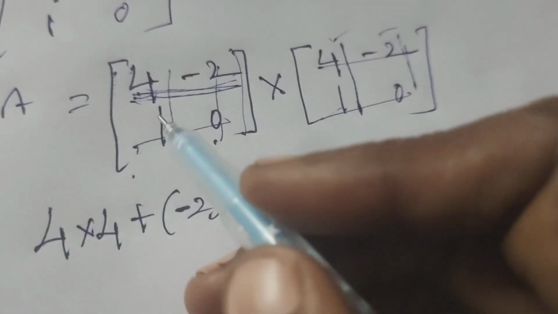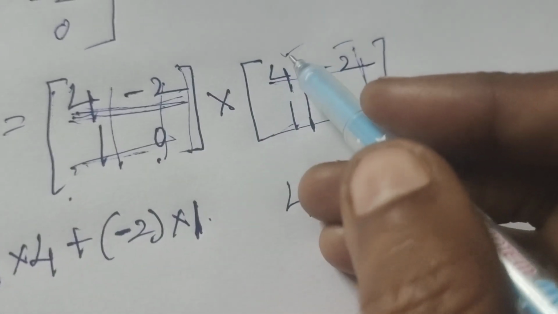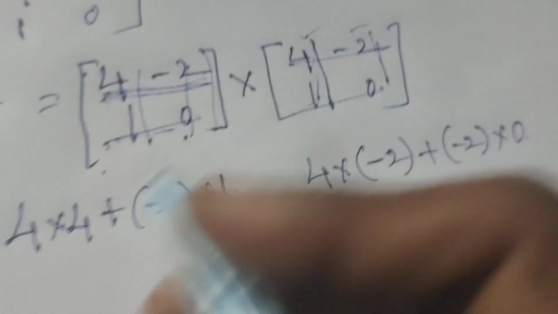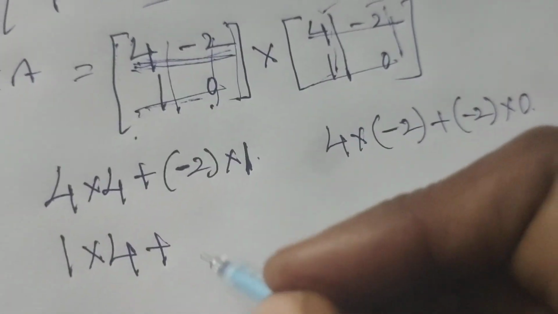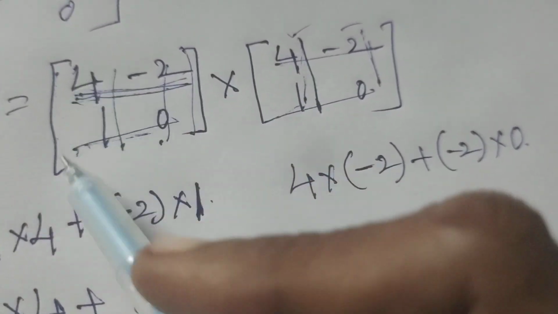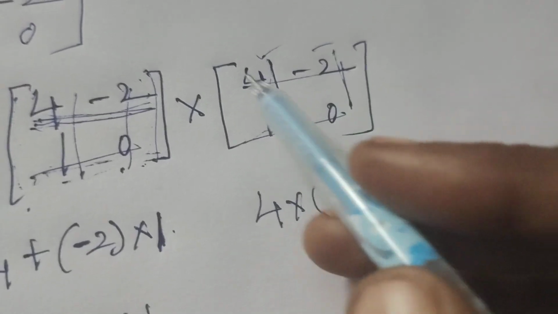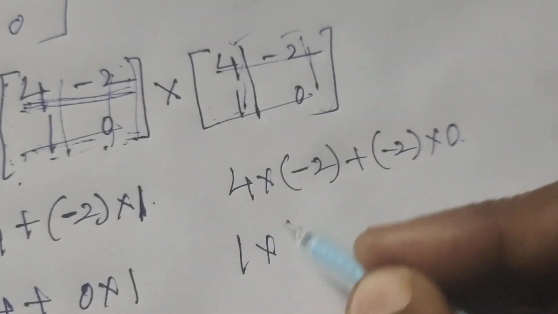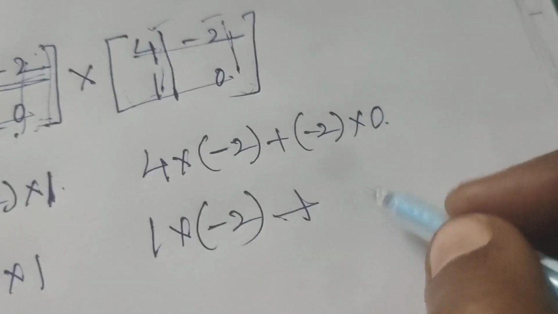Next, the first matrix's second row multiplied with the second matrix's first column: 1 into 4 plus 0 into 1. Then the first matrix's second row multiplied with the second matrix's second column: 1 into minus 2 plus 0 into 0.